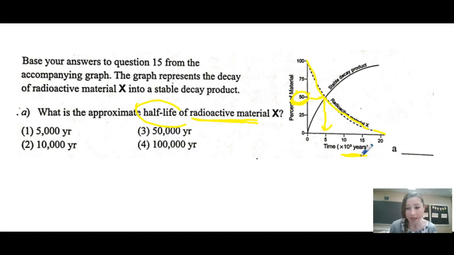We have to do a little bit of scientific notation. 5 times 10 to the third, meaning that I'm taking that 5 and moving the decimal point 1, 2, 3 to the left. That gives me 5,000 years. So my answer here is going to be 1.